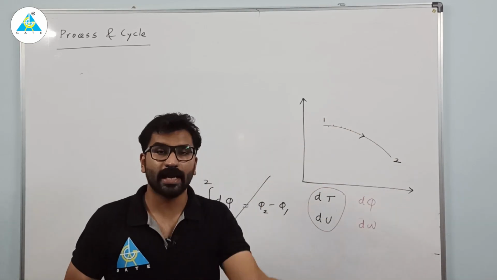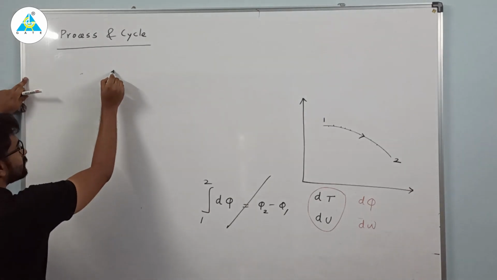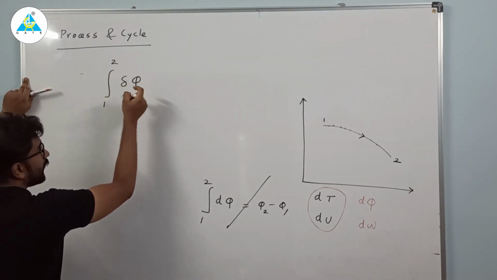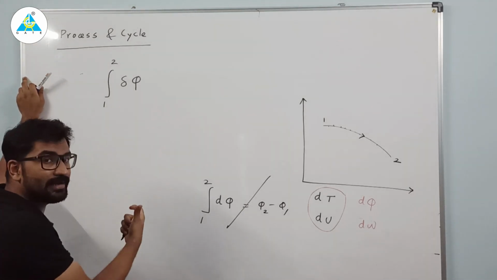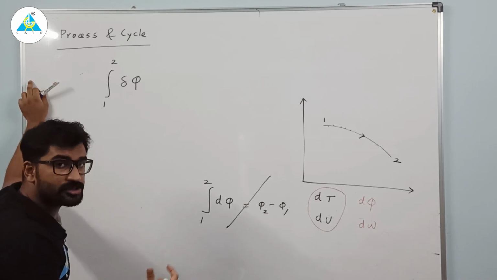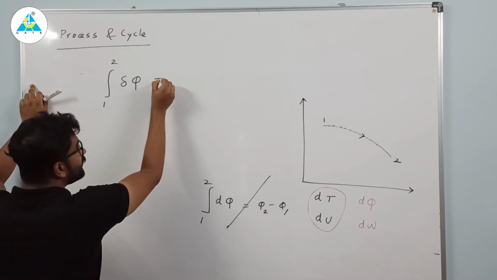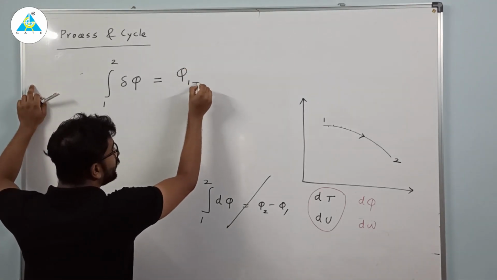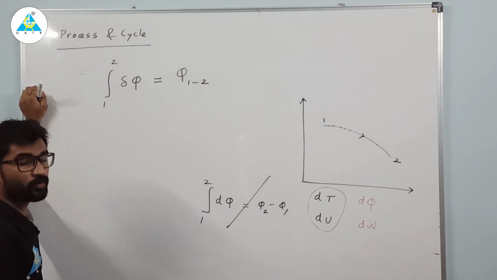During that path, we have a heat transfer, right? So we will be integrating, as you can see here, from 1 to 2 delta Q. You have to remember this delta Q, because it indicates that heat is not a point function or state function, it is a path function. So after the integration I will be writing Q1-2, that is, the heat transfer during the process 1 to 2.